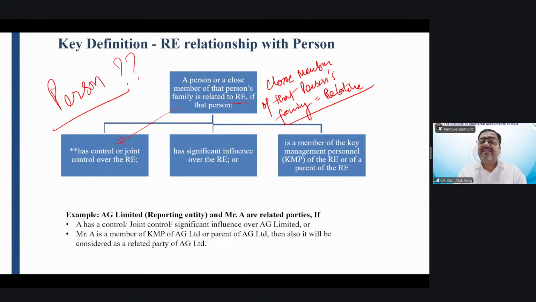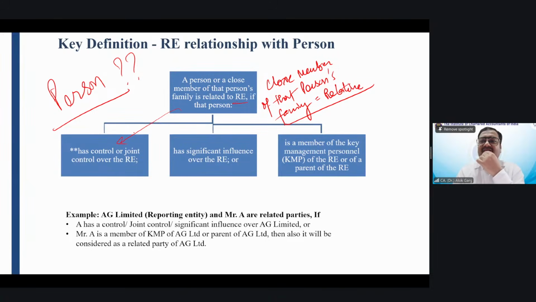Saminathan has control over ABC Limited, which means Saminathan has acquired a 70% stake of ABC Limited.